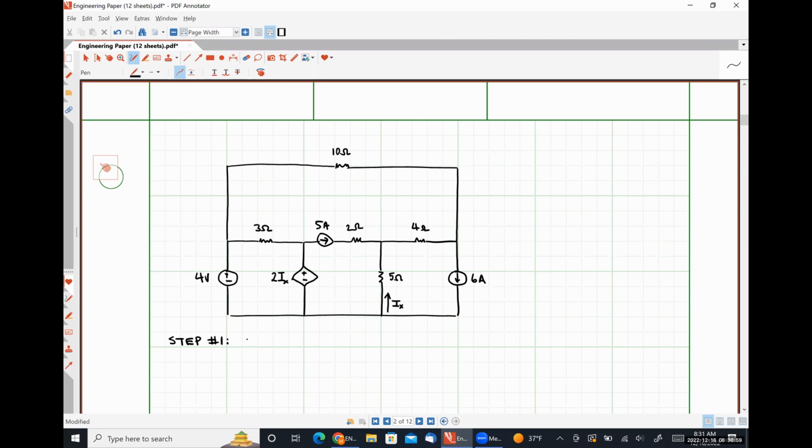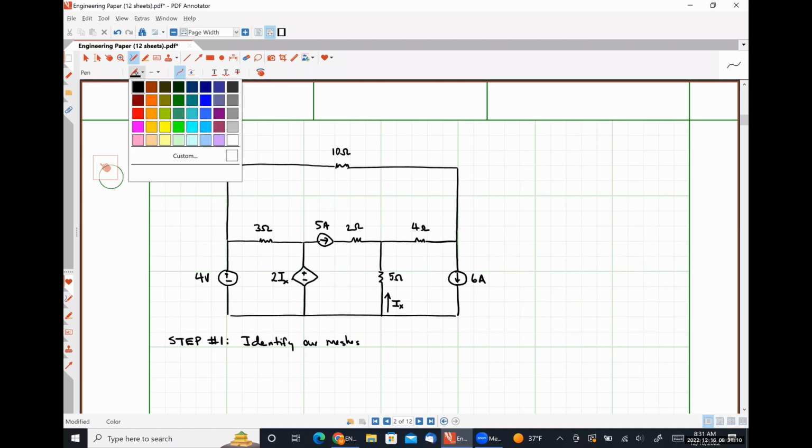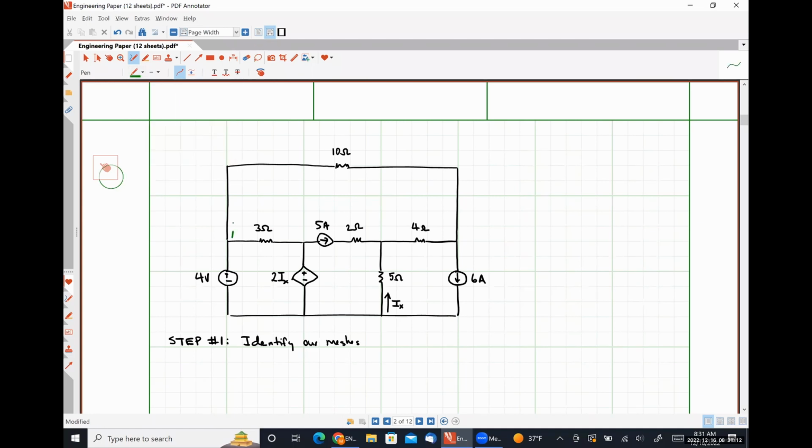So our first step is still going to be identify our meshes, like so.